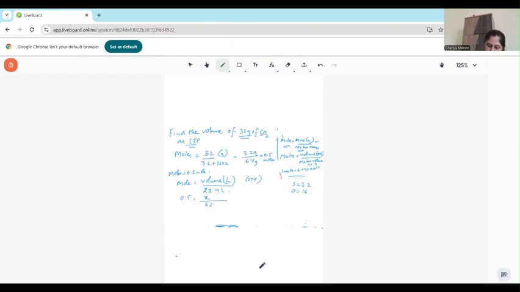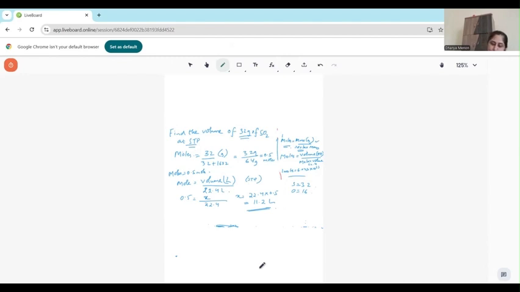So X is equal to 22.4 times 0.5, which is equal to 11.2 liters. So this is how you find out. If mass is given to you, you can find out the volume and vice versa. Okay, so this is how you do the question.